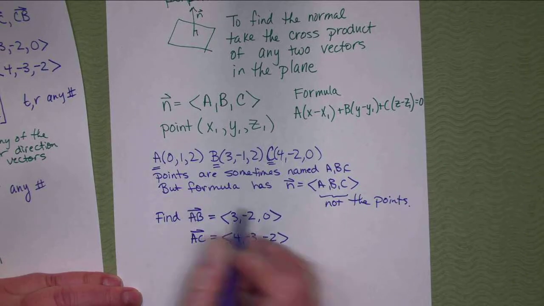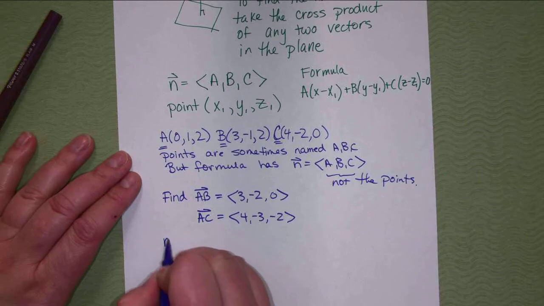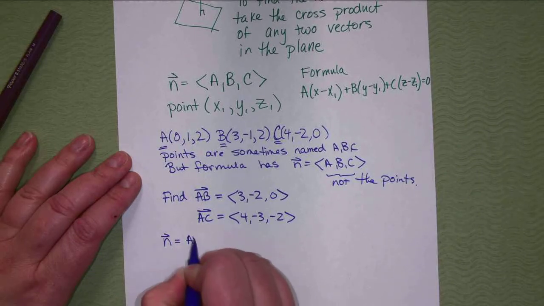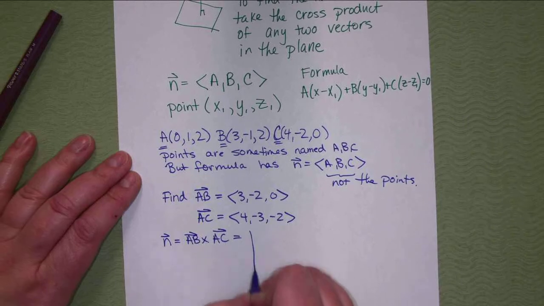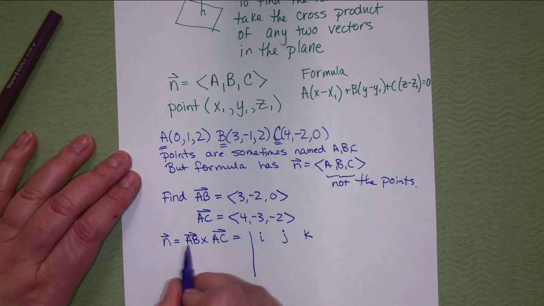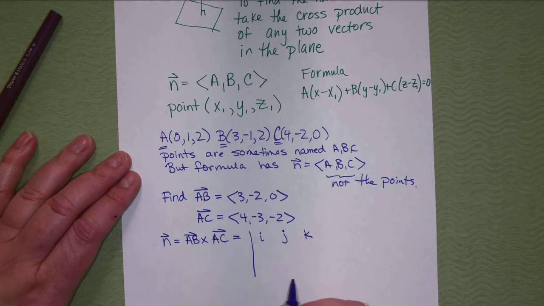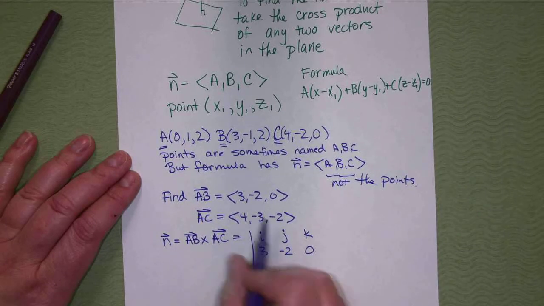They could have been any of the 6 vectors, but we found those already, and we're going to do the cross product. So the normal is the cross product AB cross AC. I, J, K, and I wrote them in this order, so I'll put them in that order. So 3, minus 2, 0, they go across. 4, minus 3, minus 2.